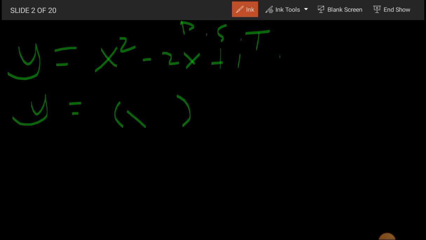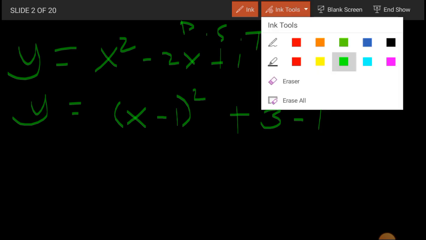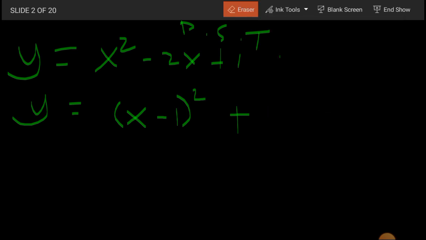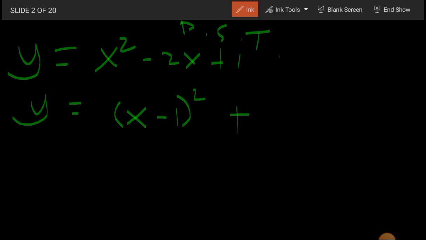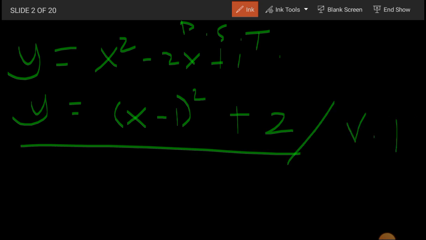So that's x minus 1 squared, the equivalent of the perfect square trinomial. And for the constant term, that's plus 3 minus 1, which in this case becomes positive 2. So this is now the vertex form of our quadratic function.